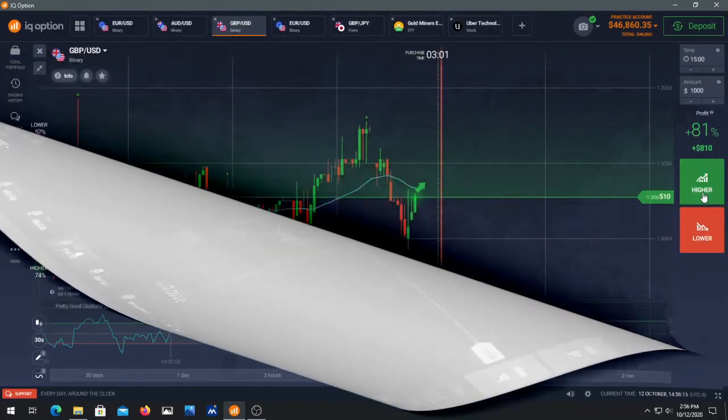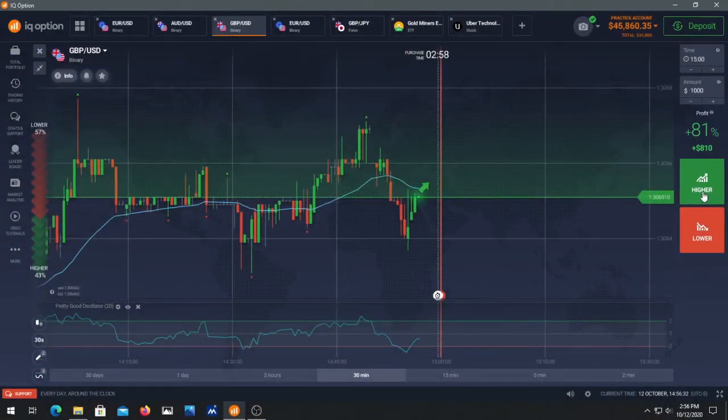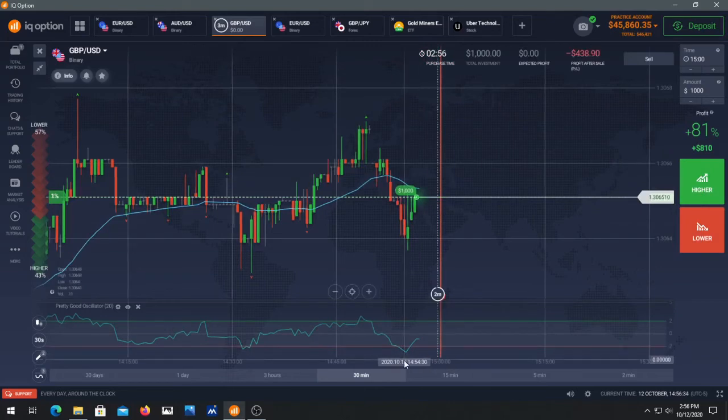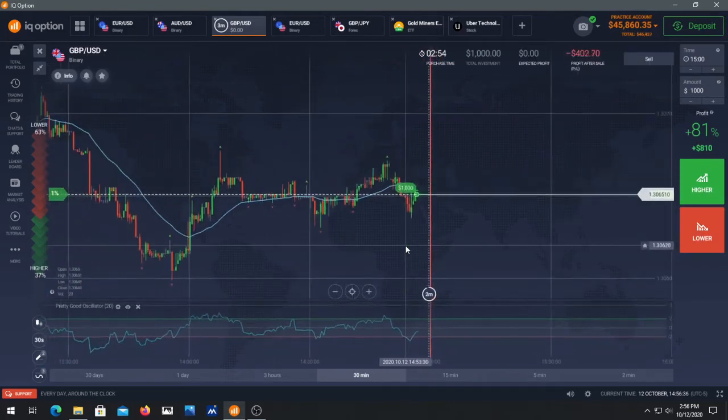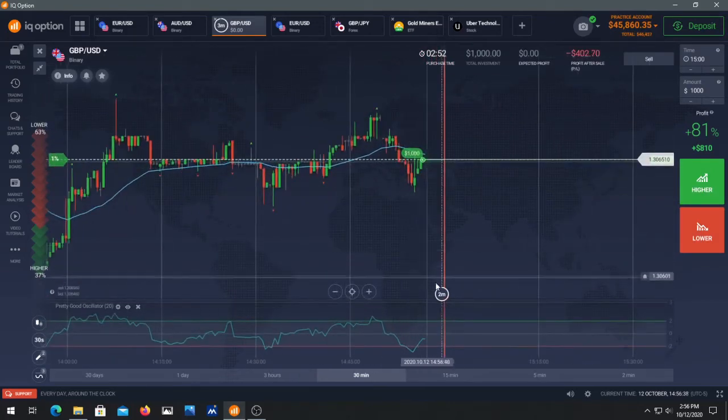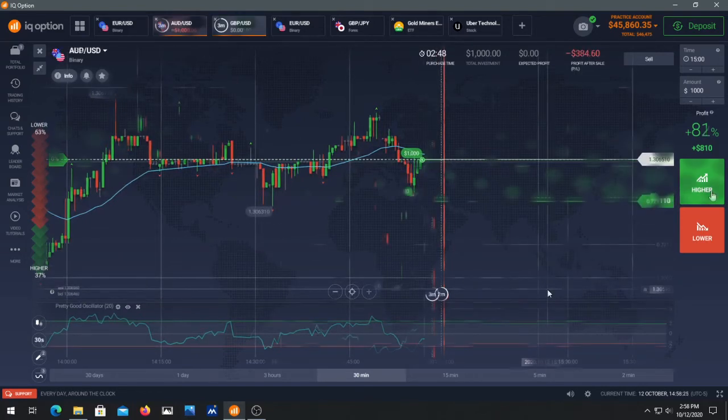Alright, it's a buy trade here. Looks like it's going to go up, huh? It's coming down. Let's wait and see.